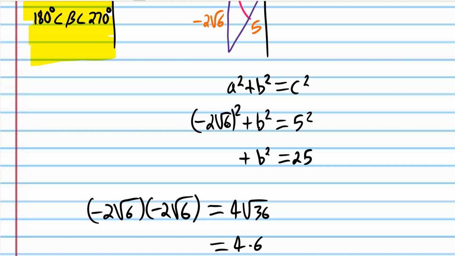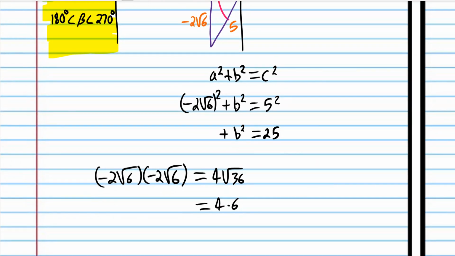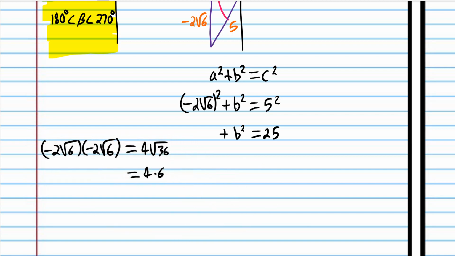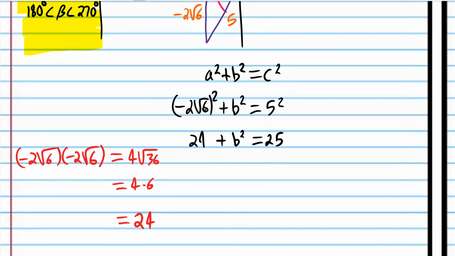Root 36 is 6, so 4 times 6 is 24. I'll keep that over here in case anybody wants to review that. Subtract 24 from both sides, and we see b squared is equal to 1. Square root both sides, and we get 1.